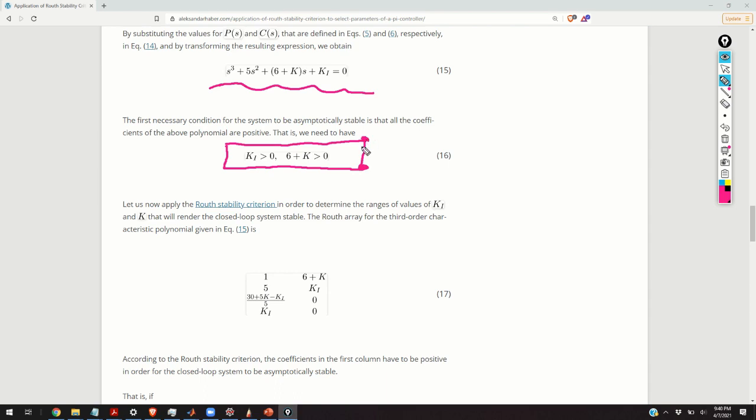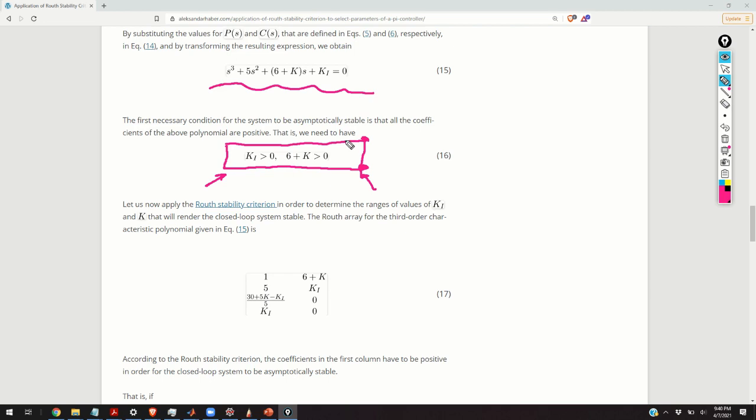Can we conclude that the system is asymptotically stable? No. This is only the necessary condition. We also need a stronger condition. However, this condition is very useful because if it is not fulfilled, then you immediately know that the system is not asymptotically stable. So we need a stronger condition.